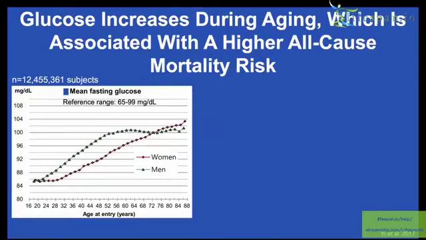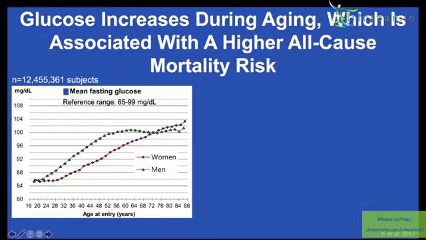So moving forward, glucose increases during aging, and higher levels are associated with an increased mortality risk. First, starting with how it changes during age. Large study again, 12.5 million subjects. We can see glucose levels on the y-axis and age on the x, with women in red and men in blue.